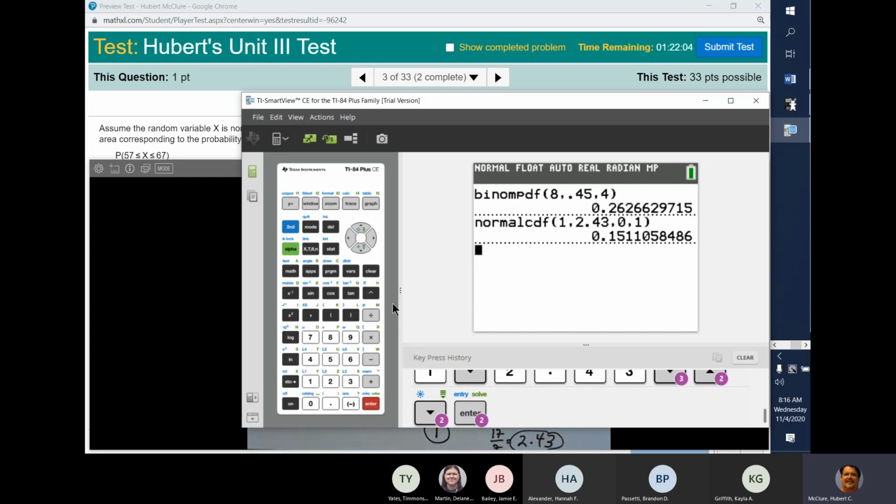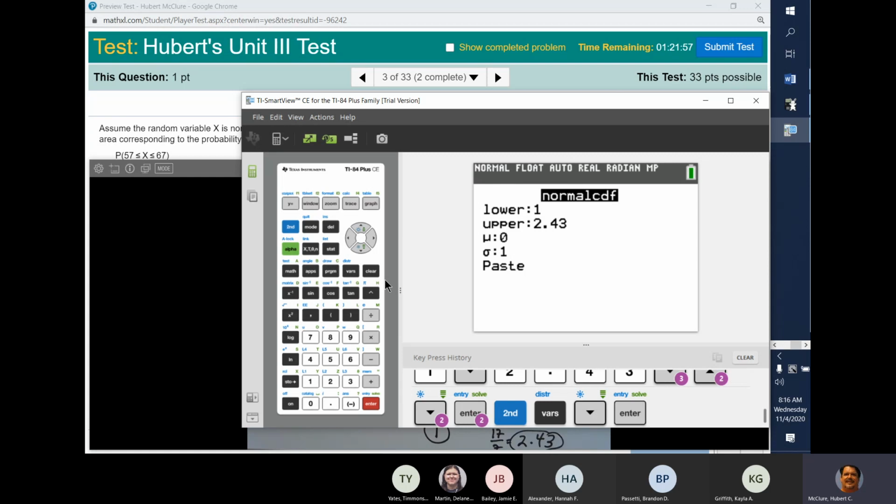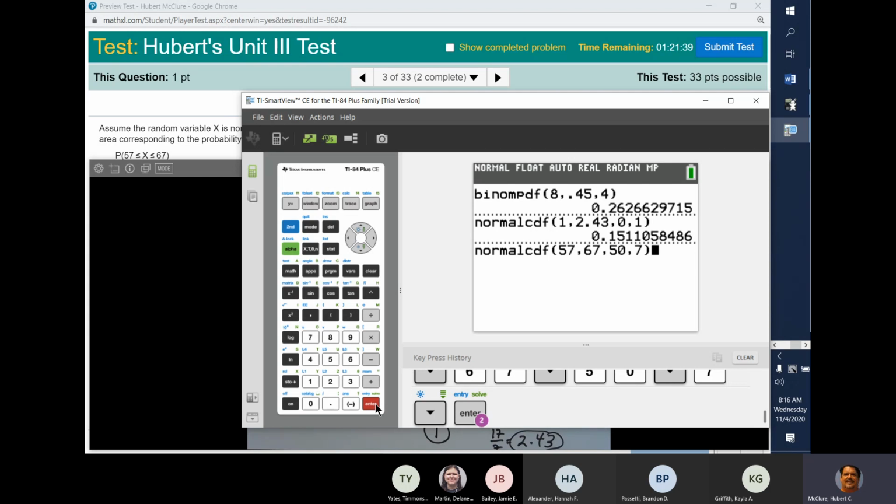So let's check it with a newer calculator. With a newer calculator, you would type in normal CDF, and then you would type in 57 and 67 with a mean of 50 and a standard deviation of 7. And you'll see it's going to be the same answer, a little bit more detailed because of the rounding.